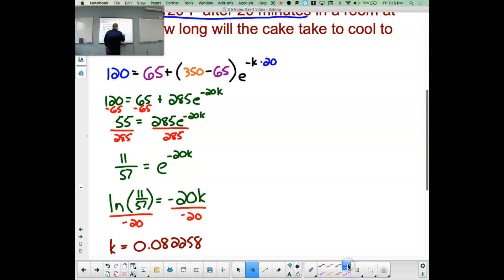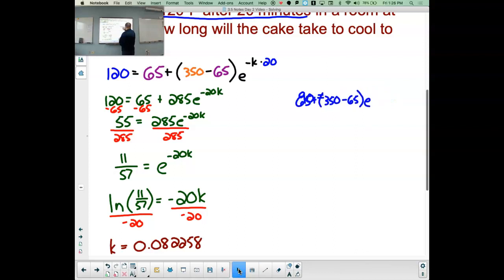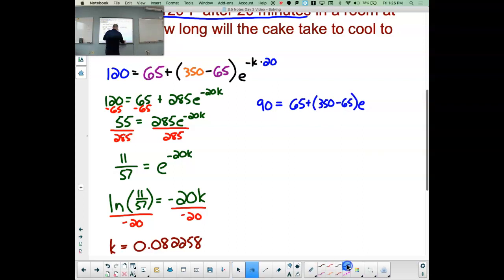So now my equation is going to be 90 is equal to 65 plus 350 minus 65 times e to the negative 0.082258 t power.